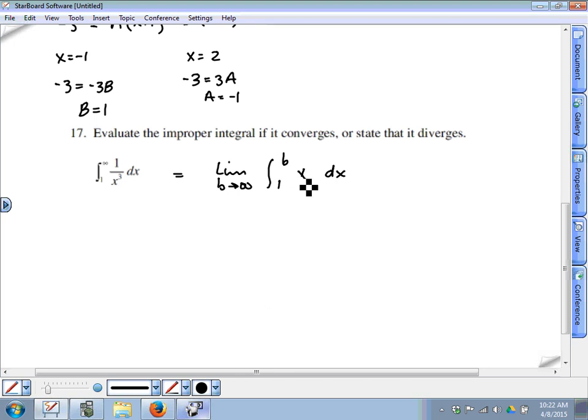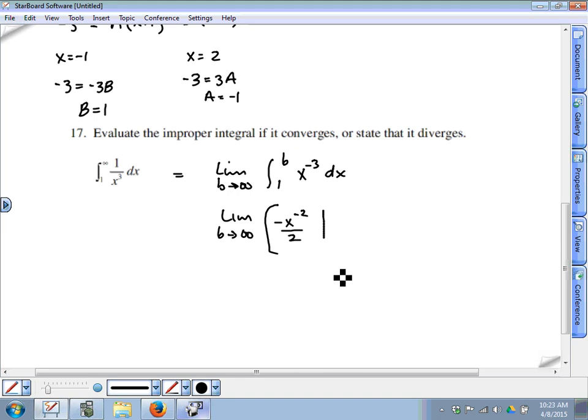Now I'm going to go ahead and change this to x to the negative 3. The integral, or the antiderivative, is that.